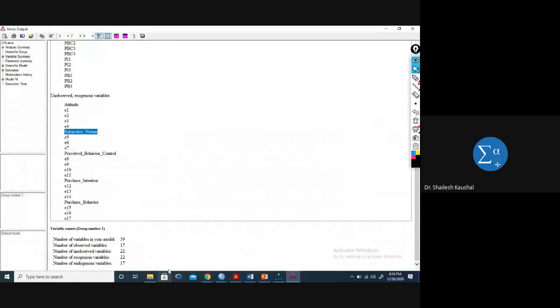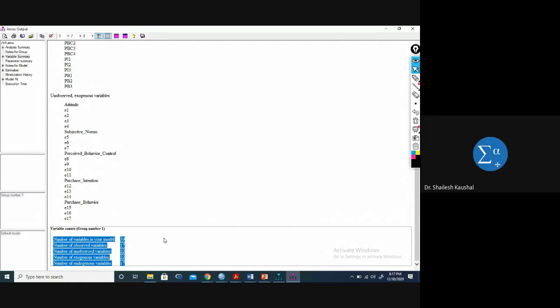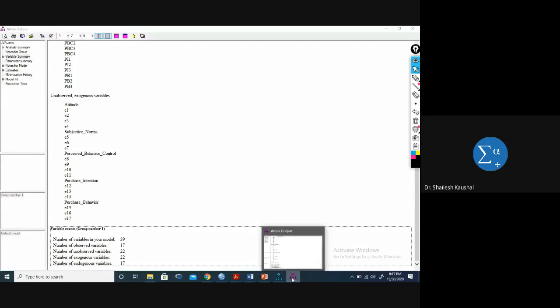Now we understand the number of variables in your model. The number of variables in your model is 39. Can we count 39? How did this number come? Yes, 39.